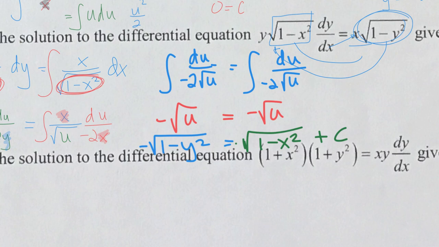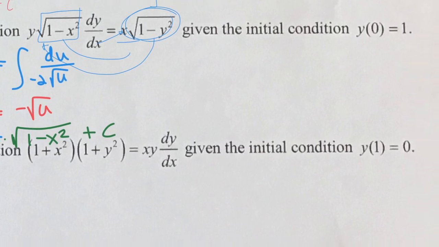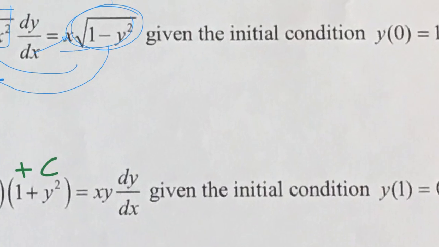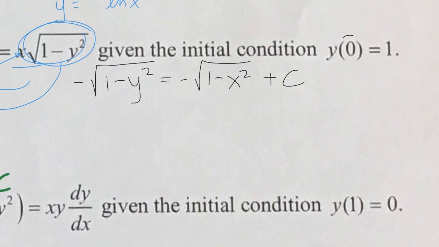Okay, so we got some pretty crazy things here. All right, so let me rewrite this again. Negative root 1 minus y squared equals negative root 1 minus x squared plus c. So now let's plug in our initial condition. X is 0 and y is 1.